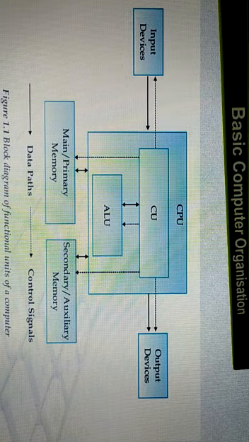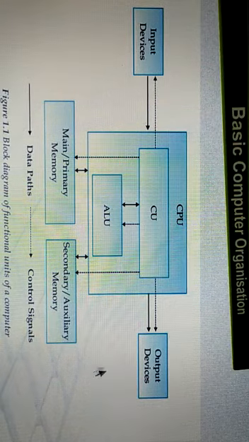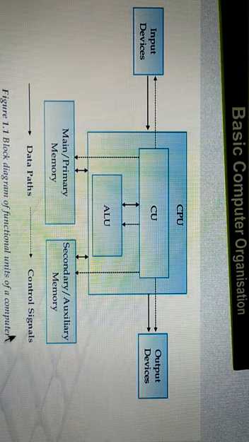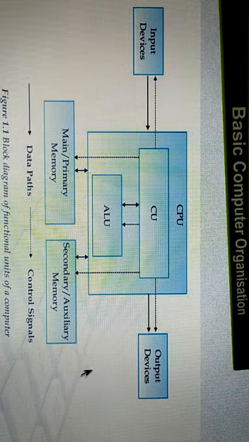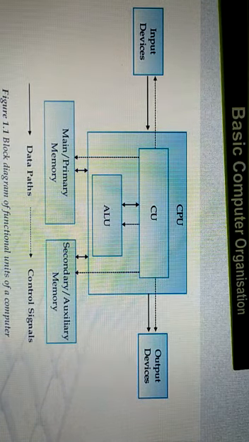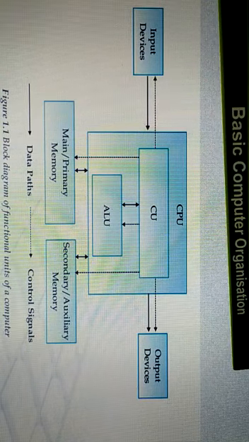The other one is the output devices, because input devices and output devices are peripheral devices. For understanding the block diagram, how a computer works, we need to understand input devices and output devices. Output devices means the devices where the information is obtained.